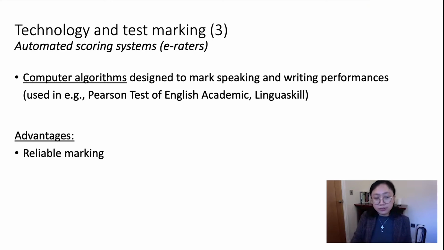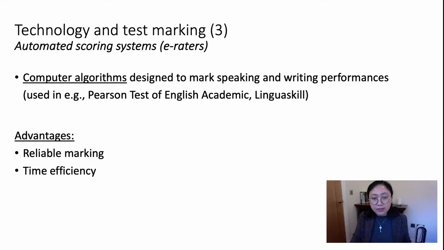Of course, we all know the advantages include reliable marking, because again, it's a machine doing the work. So it's more objective, and it will be very reliable because it's been taught to be reliable, right? And increased time efficiency, because it can work without breaks. I mean, they probably need breaks, but not as often as human raters would.